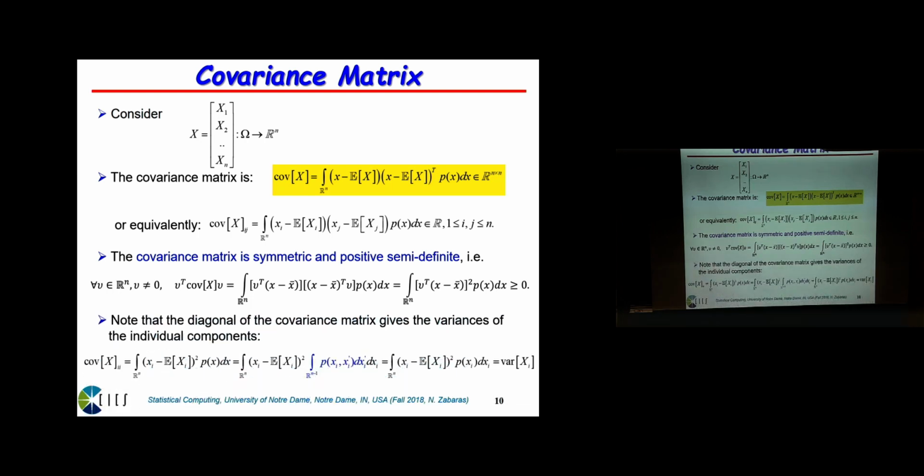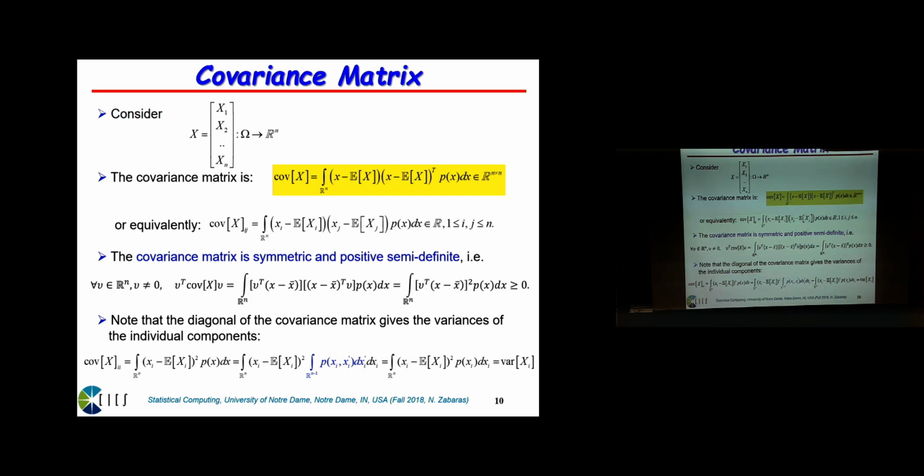And not surprisingly, this again captures the covariance between all the components of x, right? So if you want the variance of a given component, it comes out that it's really nothing else but the diagonal elements of the covariance matrix.